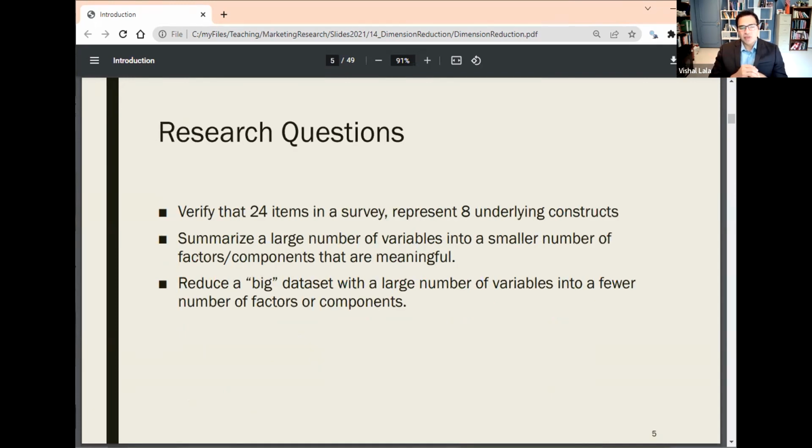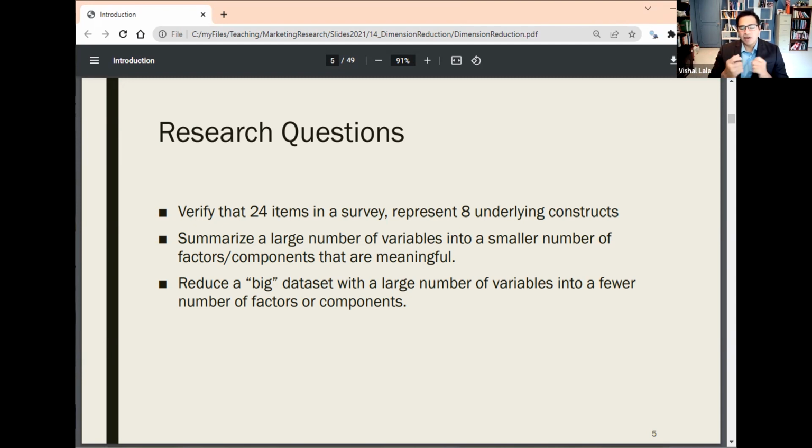Here are some research questions that dimension reduction might address. If you have X number of items in a survey, let's say 24, and you want to represent them using a fewer number of constructs, you could use dimension reduction. If you've got a large number of variables and you want to shrink that to a fewer number of factors or components that are semantically meaningful, you could use dimension reduction.